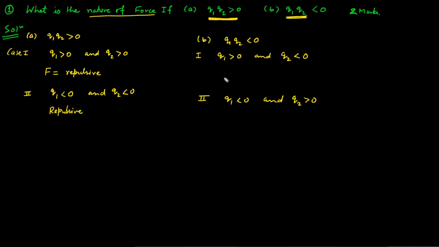So in this case, the nature of force is what? Attractive. So I hope now it is clear. This was asked in the board examination. Remember that. So you have to write in this manner.